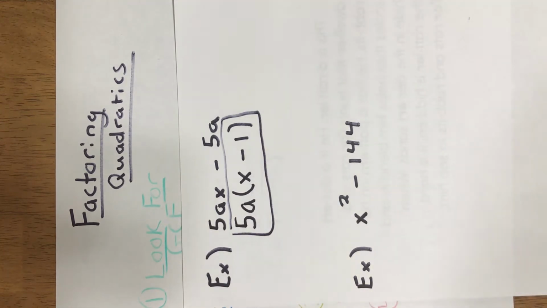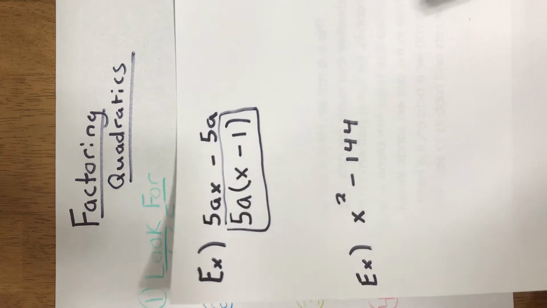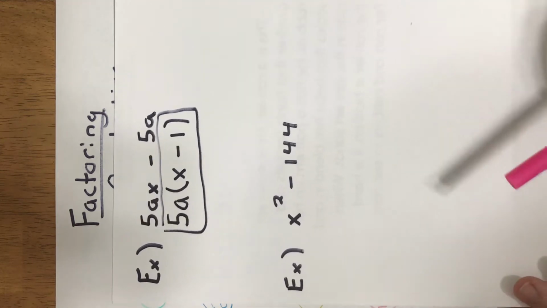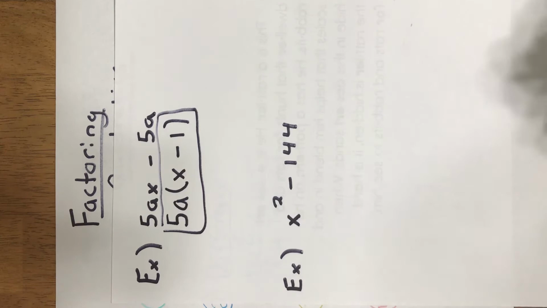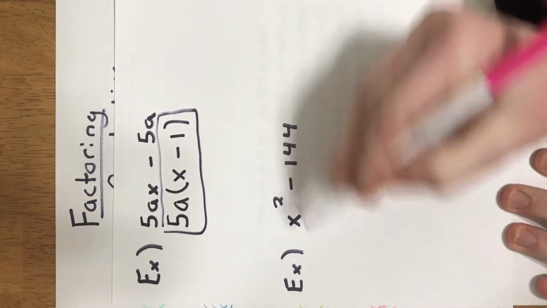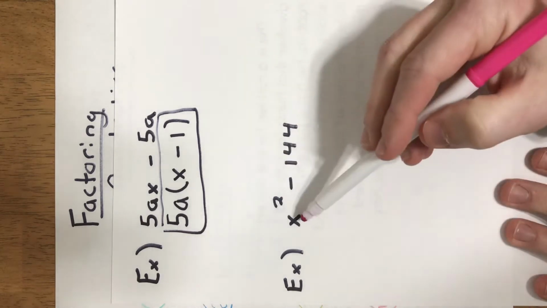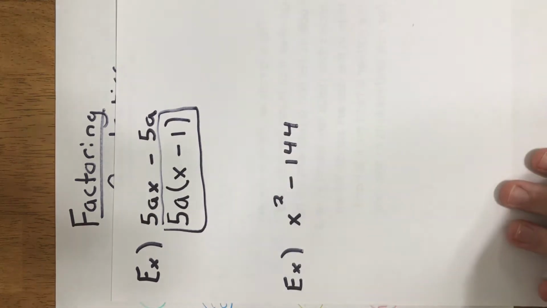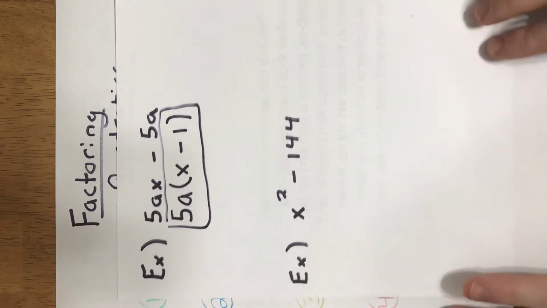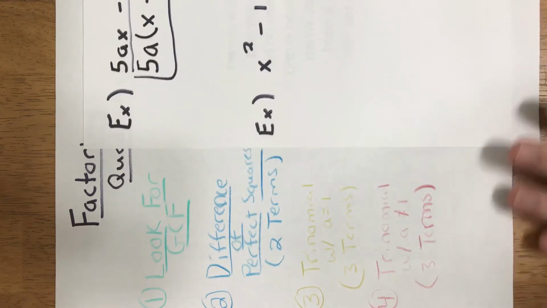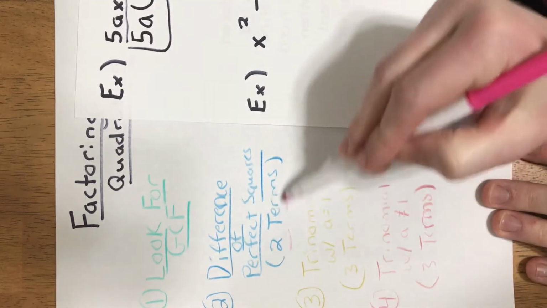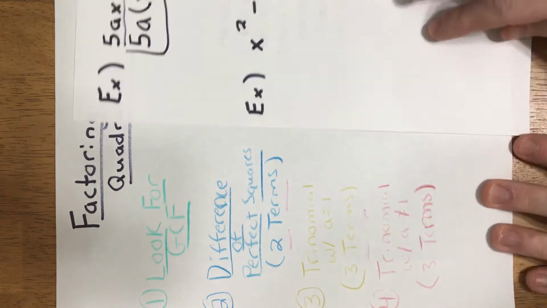All right, next one I'm going to take a look at here. x squared minus 144. Again, step 1, we're looking to see if we have a GCF. There's no number that goes into 1 and 144. And I've got x squared here, but no x's here. So I have no GCF. So now I'm looking down my list, and I want to see, do I have 2 terms or do I have 3 terms?